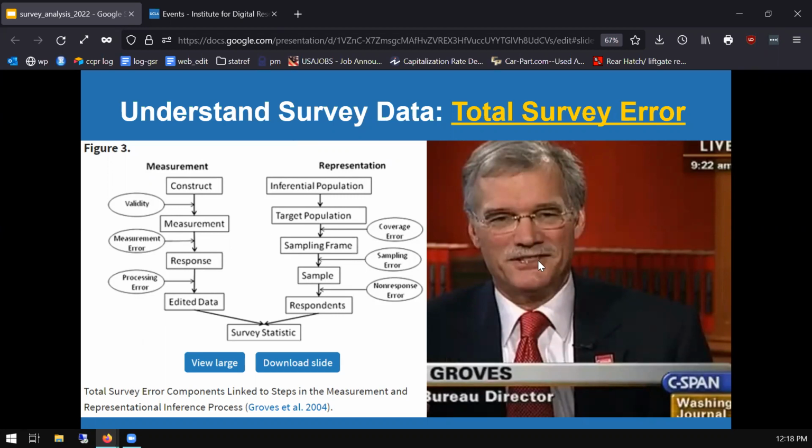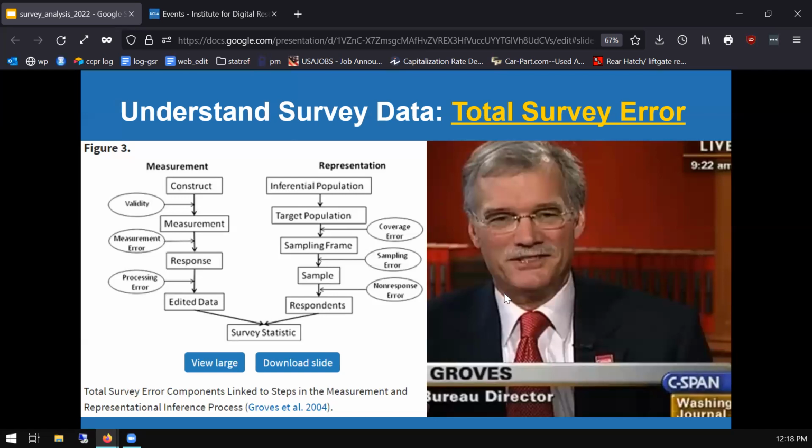I found this interesting picture. He's a man of the people. I remember I saw him once, and you would think the director of the Census Bureau would have a personal driver in a Maybach or a limo and a chauffeur. But, like the common person, he took the metro to work.